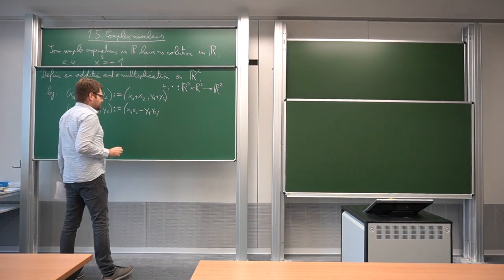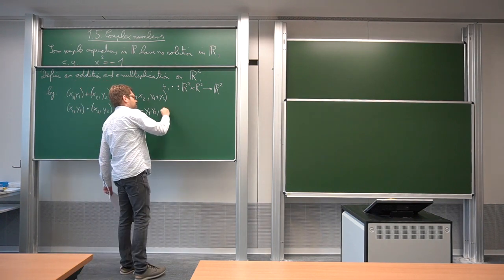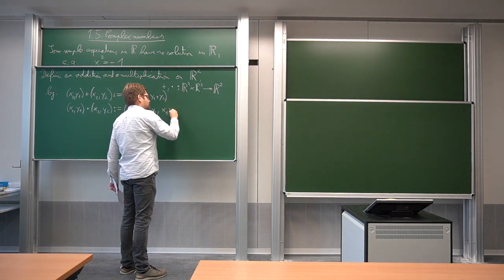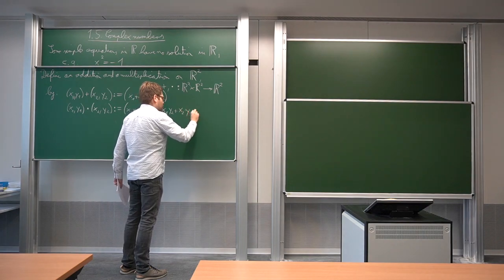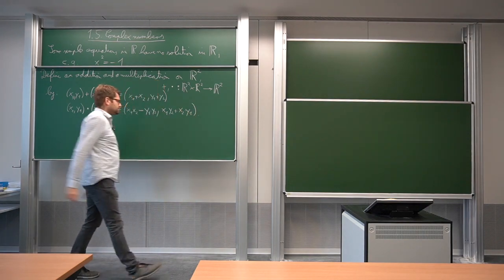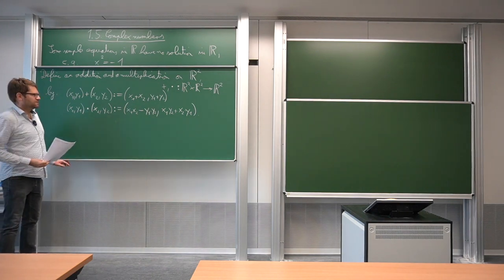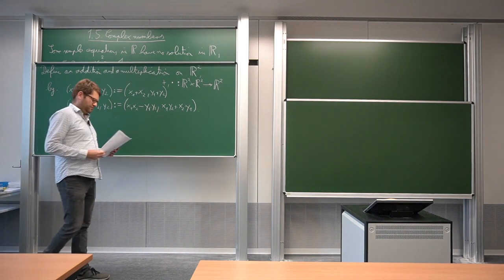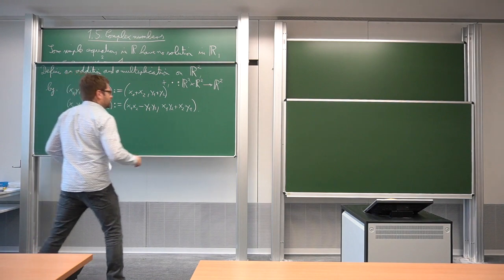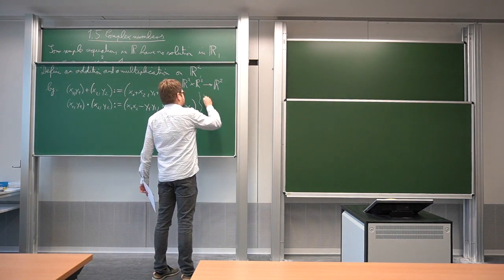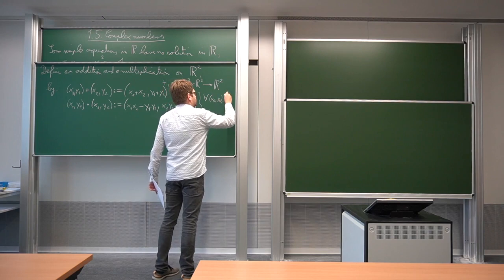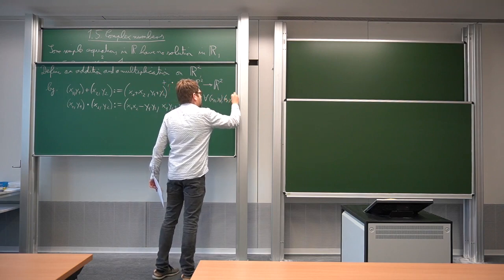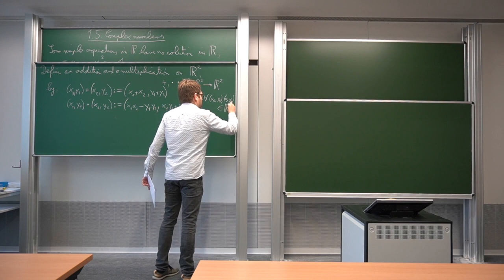And the second entry as an element of R2 is just the mixed products, x1 times y2 plus x2 times y1. This looks mysterious upon first sight. But we will see later that this has really some nice properties, for all x1, y1 and x2, y2 in R2.